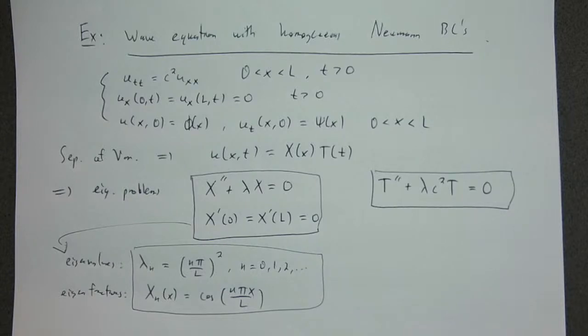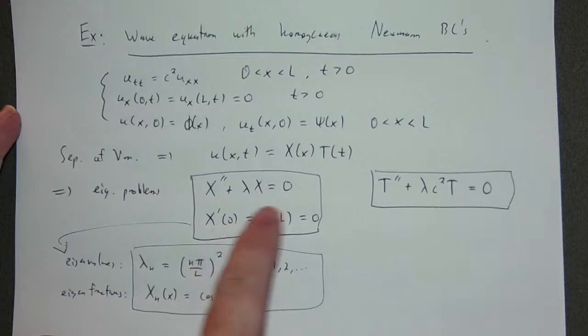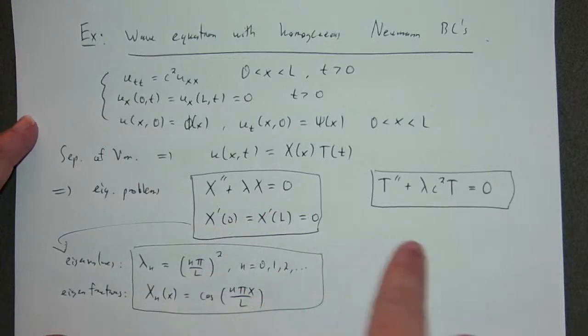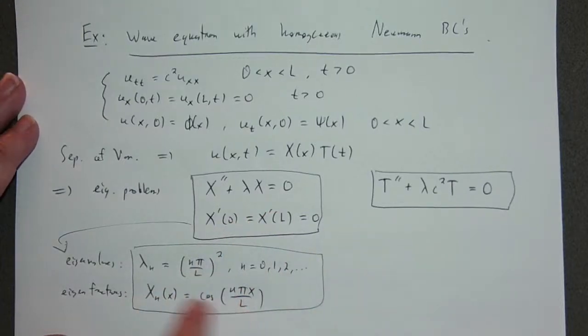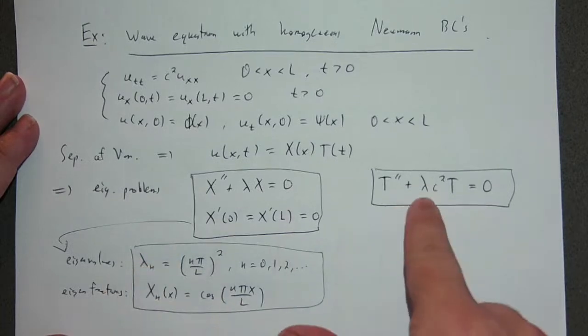Now I have to think for a second about how to correct this situation. I know exactly how this is going to work. In fact, you might have already finished this in your head, right? These lambda sub n's go here.